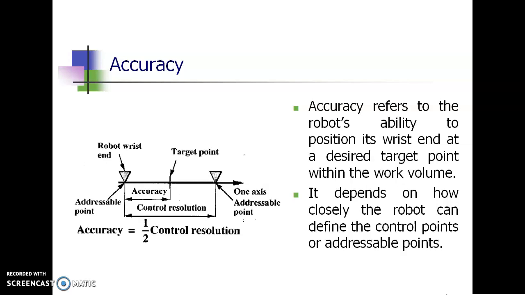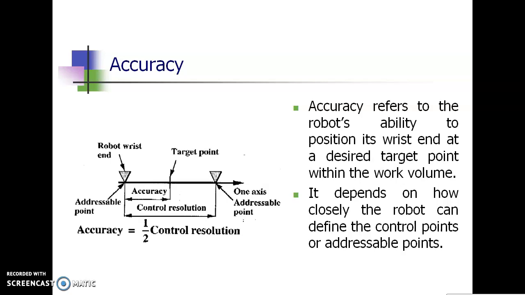It depends upon how closely the robot can define the control points or addressable points. If I want to go to a particular point, whether the point is an addressable point or not, or how closely I can go to the addressable points, matters, because the controller can ask the robot to go to an addressable point only.